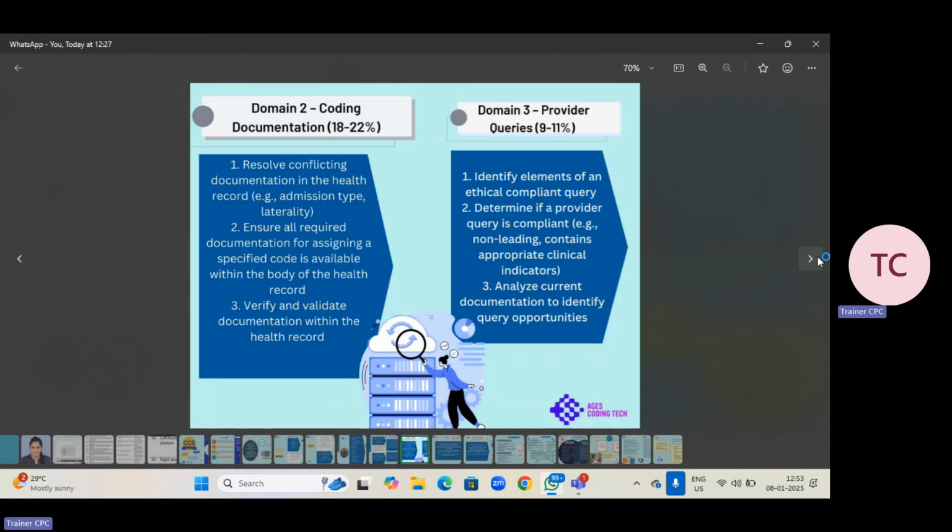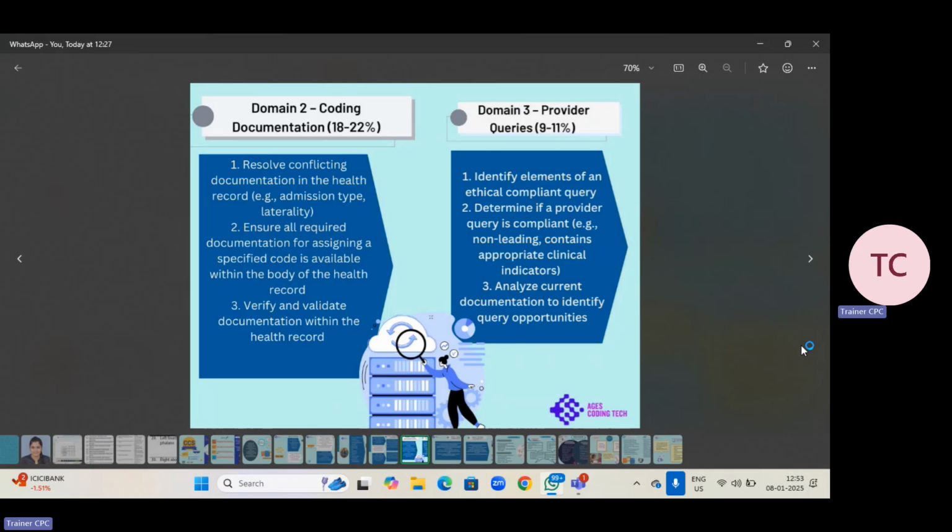You will not be getting the entire case sheet, only a small scenario, so you need to read this scenario multiple times to select the right answer. Laterality, right or left, we should be aware of that. From these things, you will be getting 18 to 22% of your questions, and selecting the appropriate code also, like if there is a problem with the code, or whether the diagnosis is not clear.